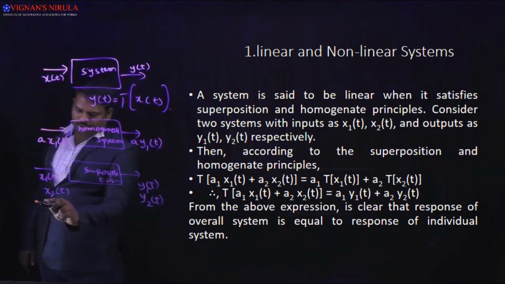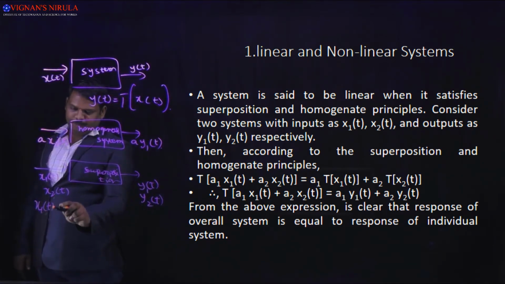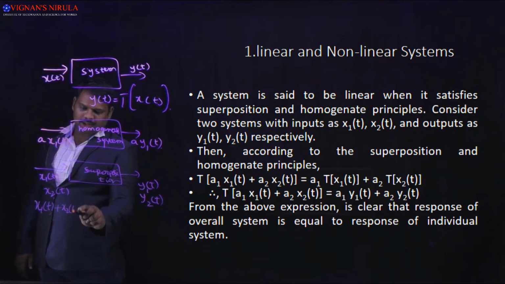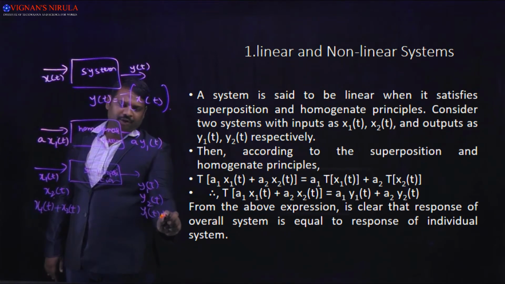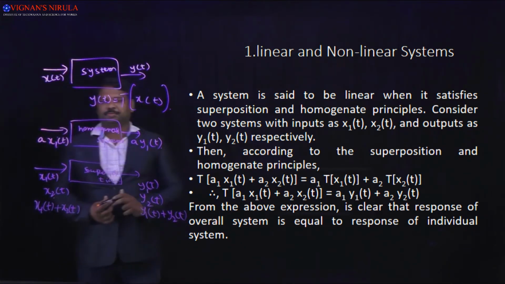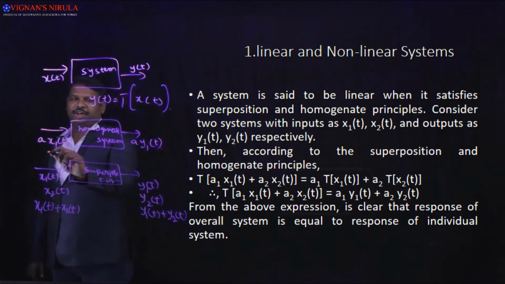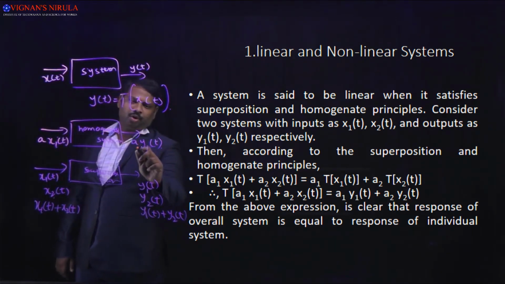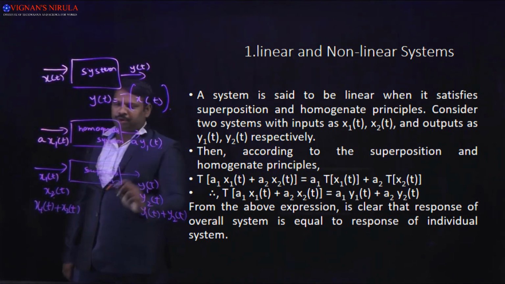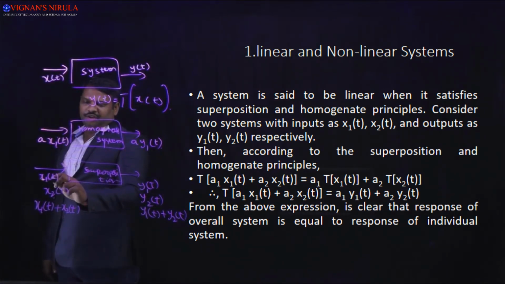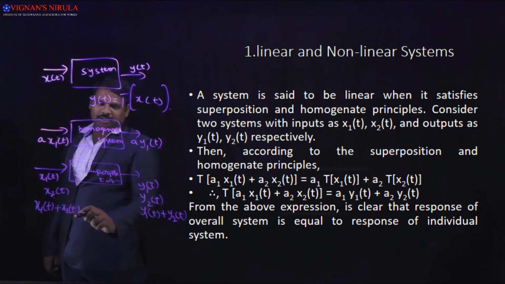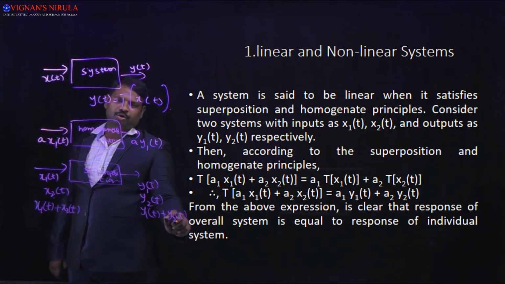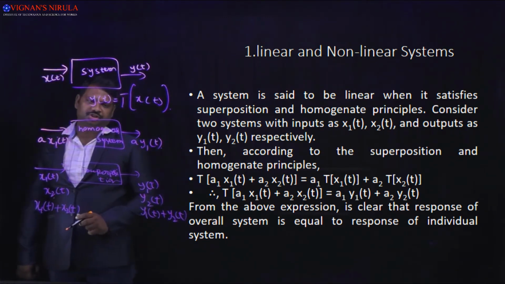If I take the sum of these two, x1 of t plus x2 of t, and pass it through the system, it produces the output y1 of t plus y2 of t. Then it is called a superposition system. If we multiply the input by a constant a and the output is a into y, that is a homogeneous system. If the sum of the two input signals produces the sum of the output signals, that is a superposition system.